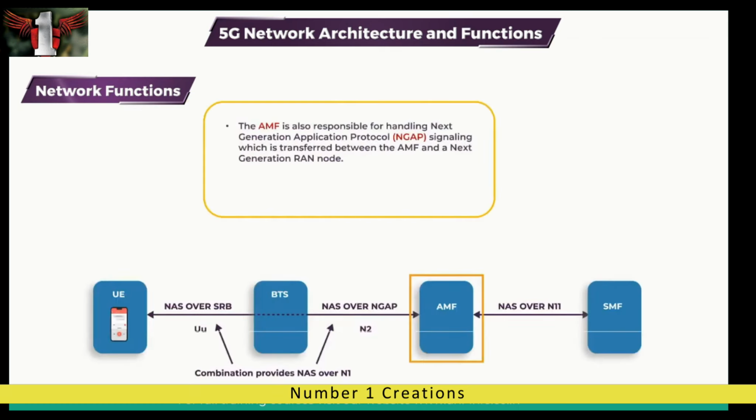The AMF is also responsible for handling Next Generation Application Protocol (NGAP) signaling, which is transferred between the AMF and a Next Generation RAN node, that is, between an AMF and a base station. NGAP is equivalent to S1 AP, which is used in 4G networks between the MME and base station.